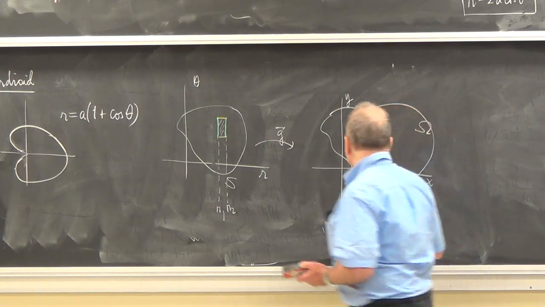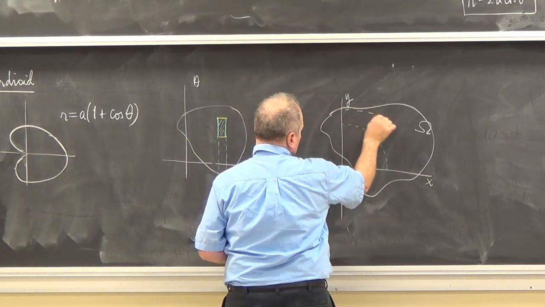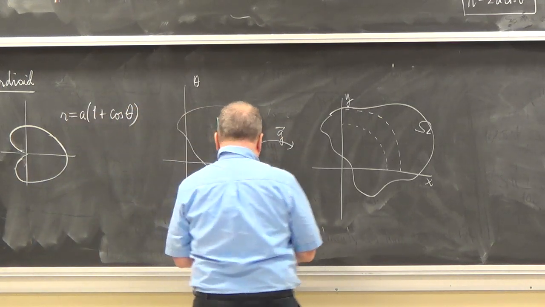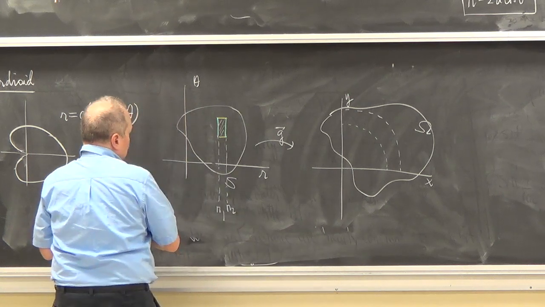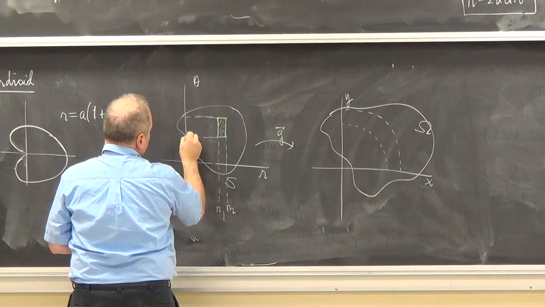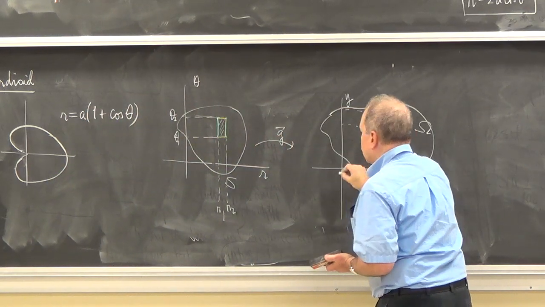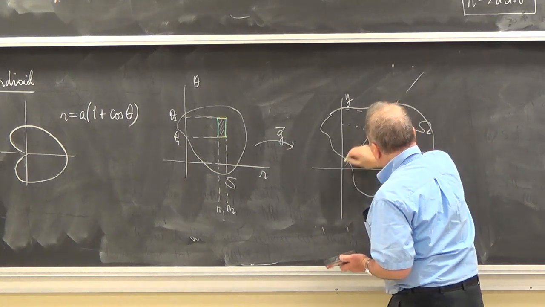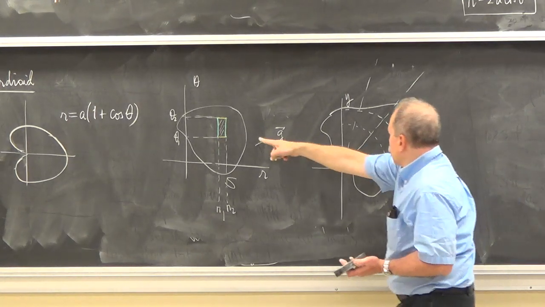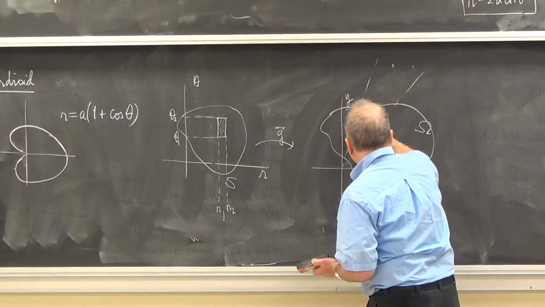Here I have an arc of radius r1 and an arc of radius r2, and I'm taking a piece of that between a certain theta value and a certain other, larger theta value. Those pieces that I'm drawing there correspond to here and here.